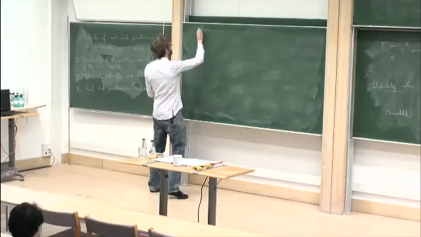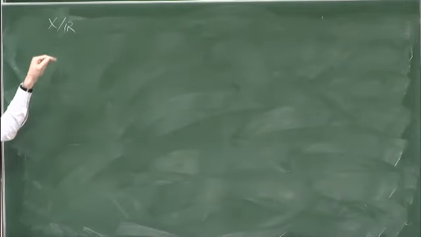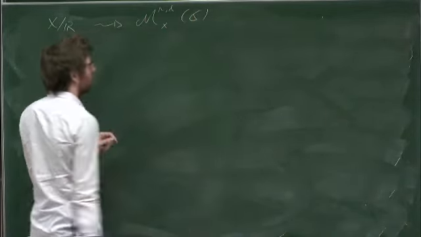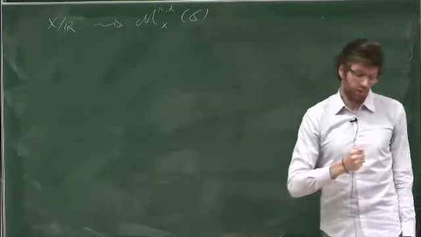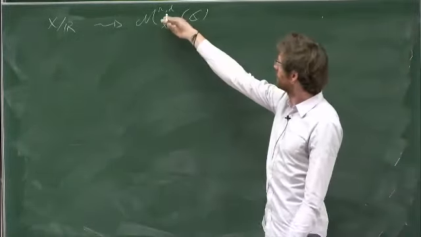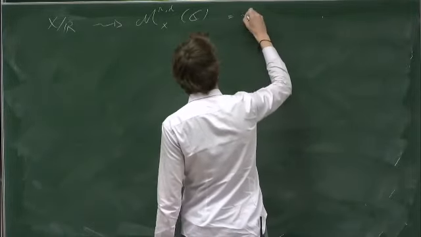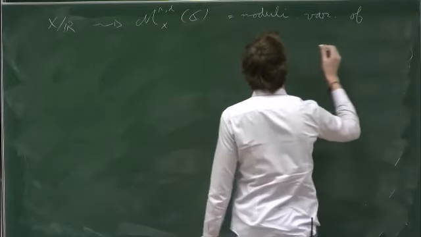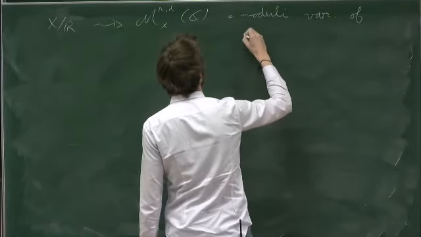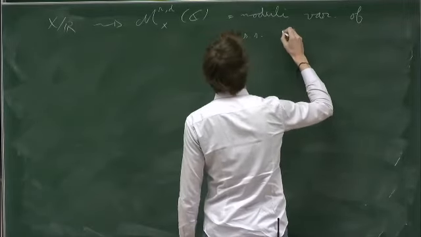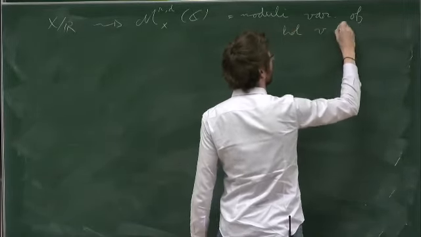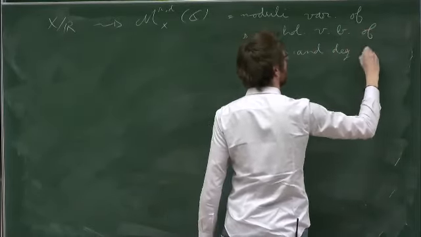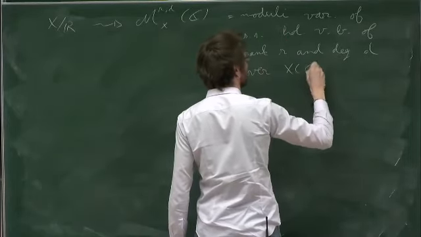Namely, if we assume that X is defined over R, the usual moduli variety for holomorphic vector bundles of rank R and degree D over X of C parameterizes S-equivalence classes of semi-stable holomorphic vector bundles of rank R and degree D over the Riemann surface X of C.